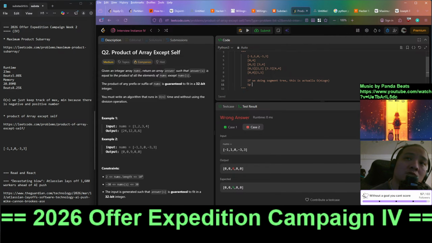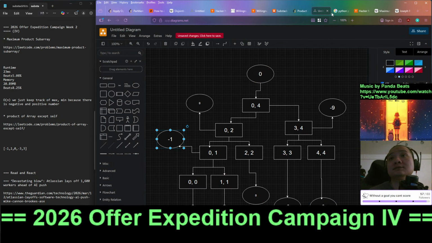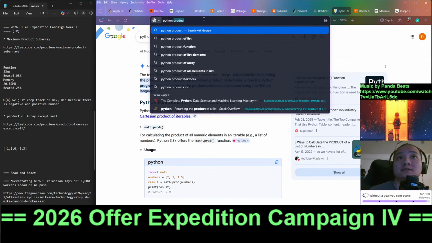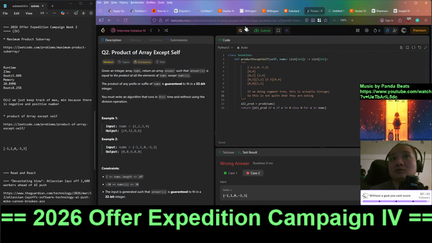So this is not quite what they are asking. Okay, we need an O(n), right? This is for sure a segment tree, right? Prefix, right?